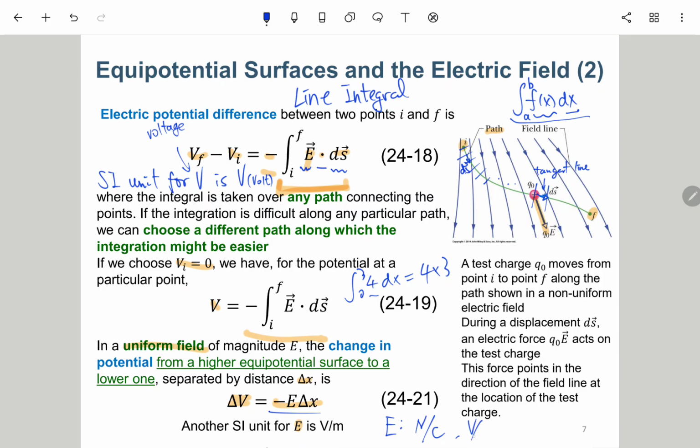But V over M is also correct. So in a quiz or exam, you can choose either one of them. Questions related to this chapter may use V over M, while questions related to the previous chapter may use N over C, but they are actually the same.